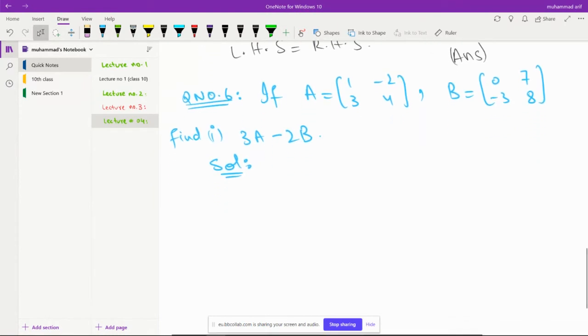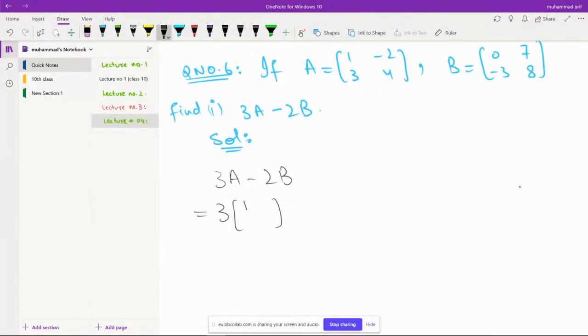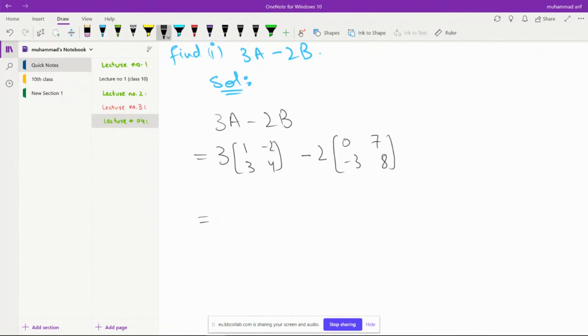Here we are to find the value of 3A minus 2B. 3, instead of A we write the matrix A, which is 1, -2, 3, 4. -2, instead of B we write the matrix B, 0, 7, -3, 8. Here we multiply this 3 with all entries.